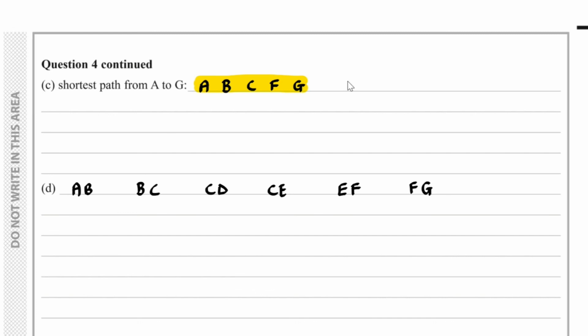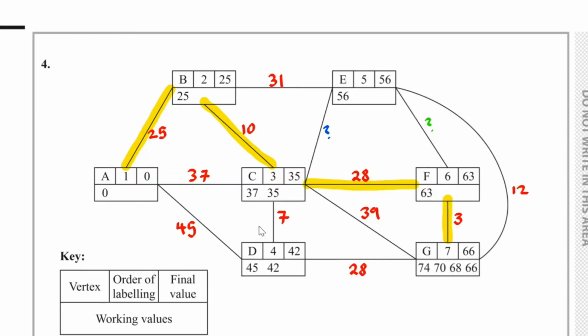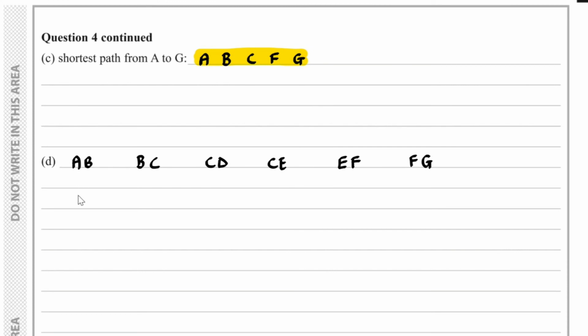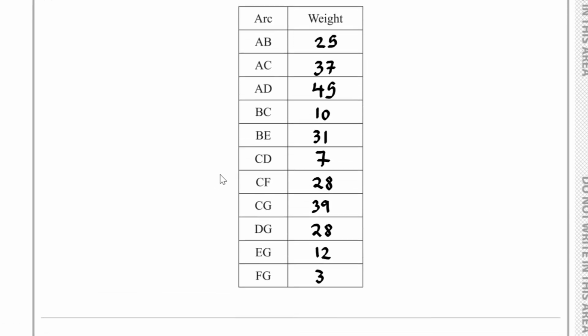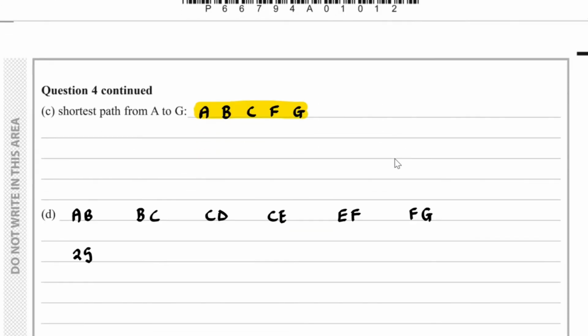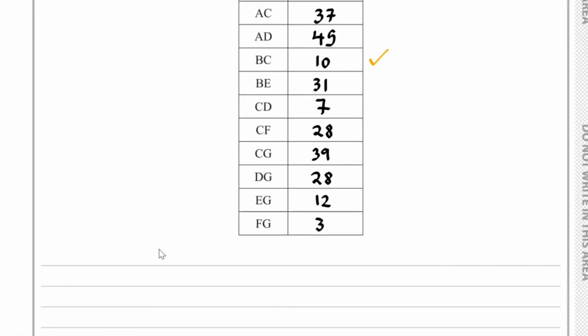AB, if I go back to my table here, AB is 25. So I've got 25. BC, well, what we'll do is we'll tick as we're going along. So I've got AB, and then I've got BC. Now BC, is that in the table? Yes it is. It's 10. I've got 10 here. CD, that's 7.